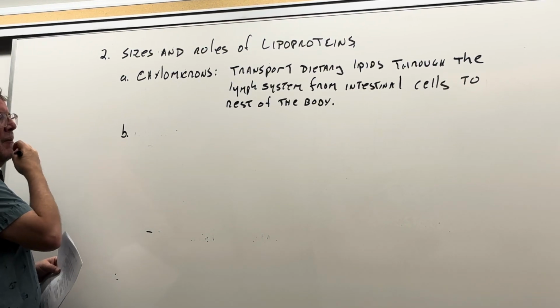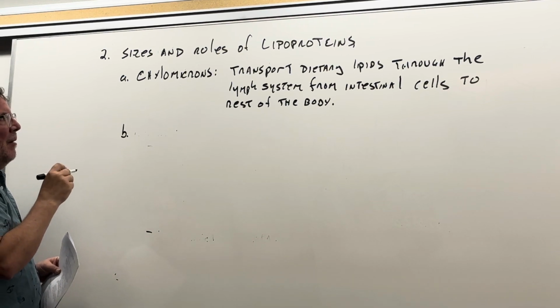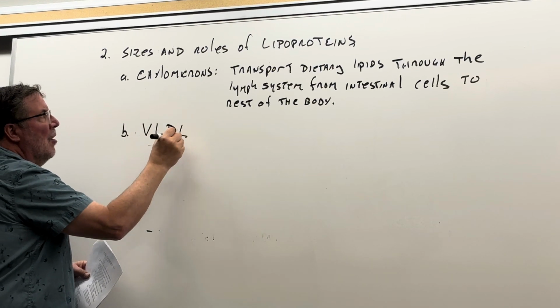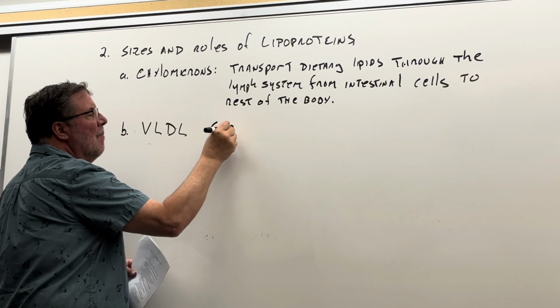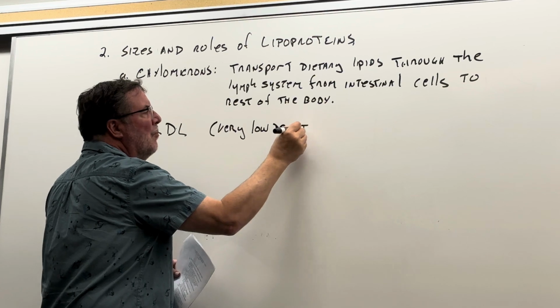The first one I'll talk about is made by the liver. This is VLDL, or very low density lipoprotein.